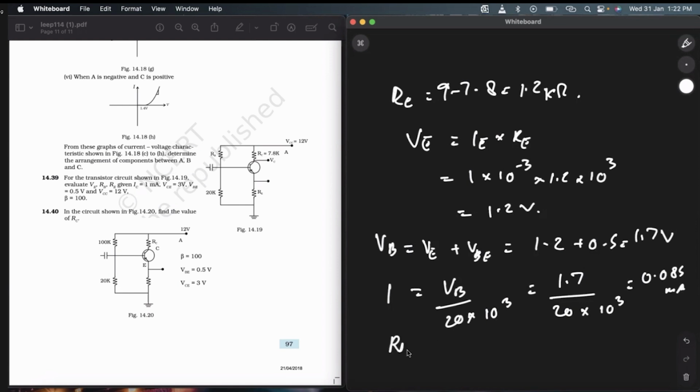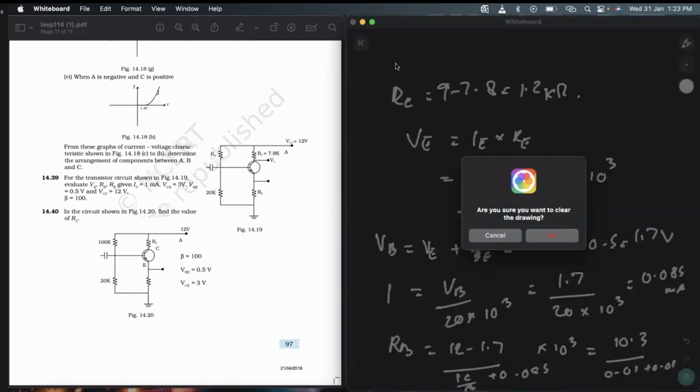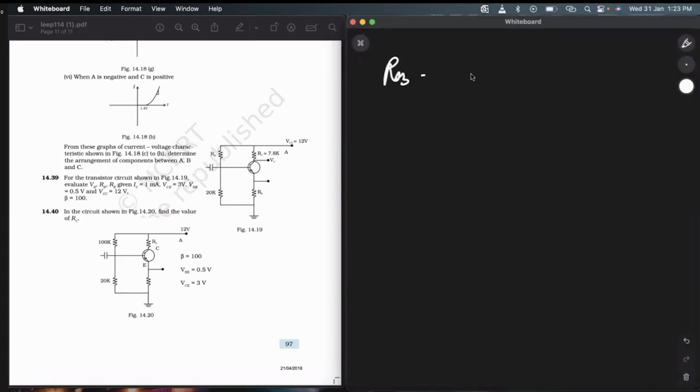The resistance RB will be equal to (12 minus 1.7) upon (IC by beta plus 0.085) into 10 to the power of 3. So it will be 10.3 upon 0.01 plus 0.085. So I can finally write 108 kilo ohm. The value of RB is 108 kilo ohm.